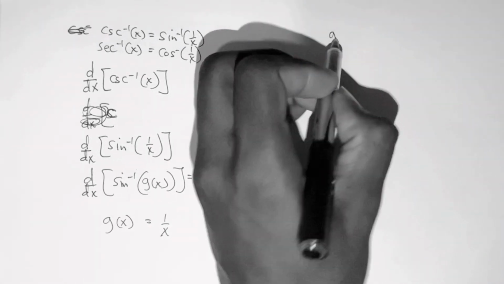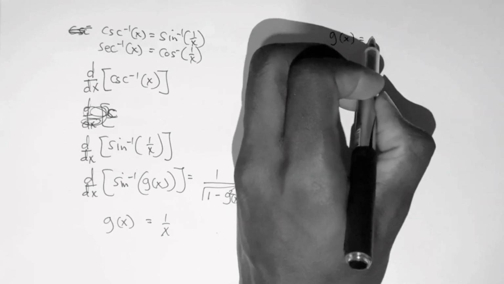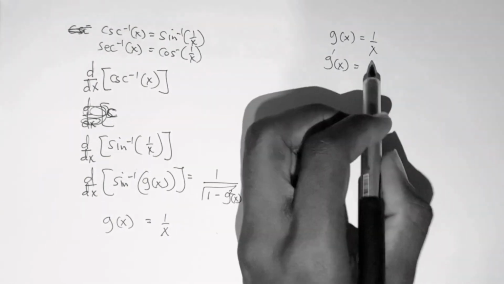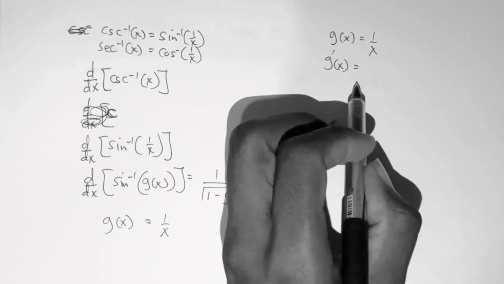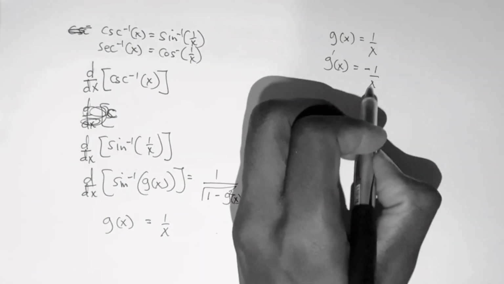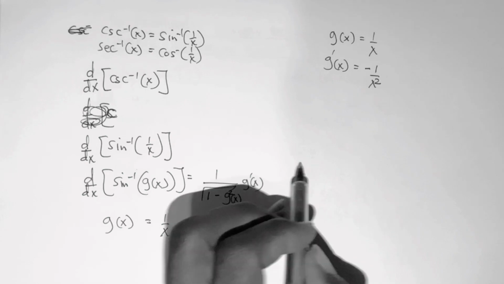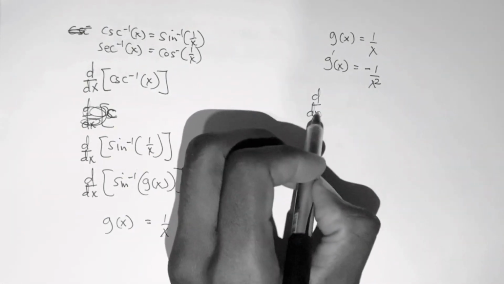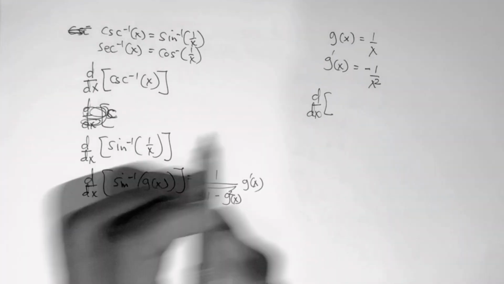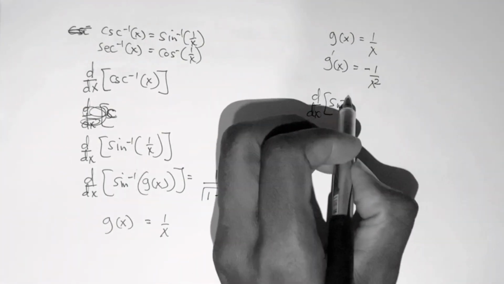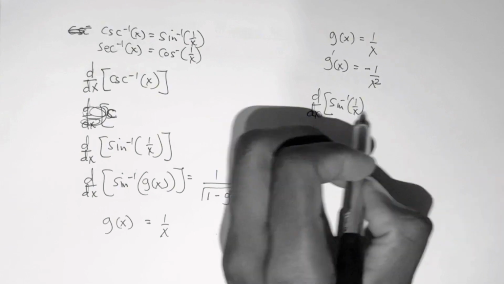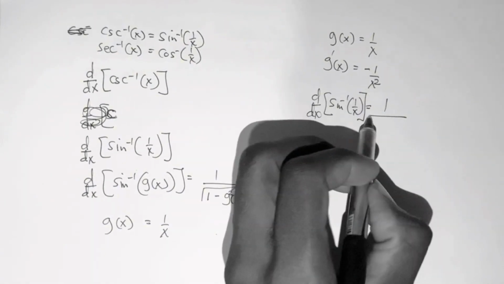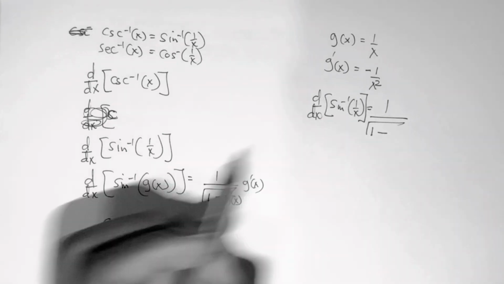So let's find g prime of x. g of x is equal to 1 over x, and then g prime of x will be equal to, if you differentiate 1 over x, minus 1 over x squared. So now we can say that d dx of sine inverse of 1 over x is equal to 1 divided by square root of 1 minus.